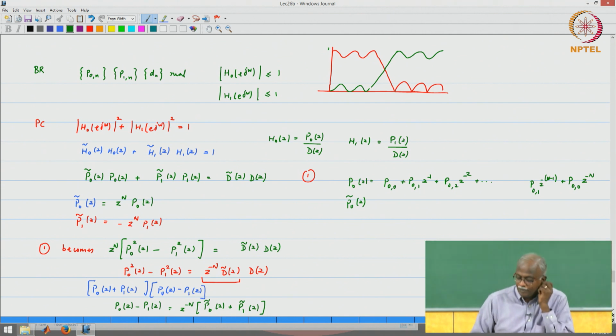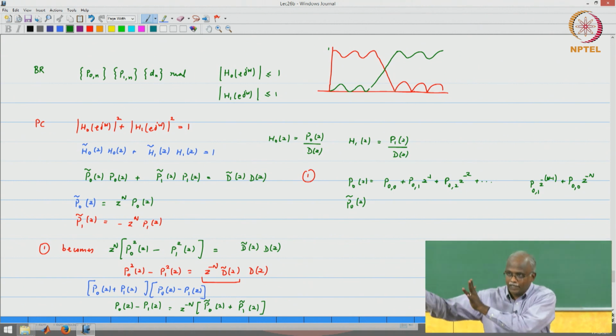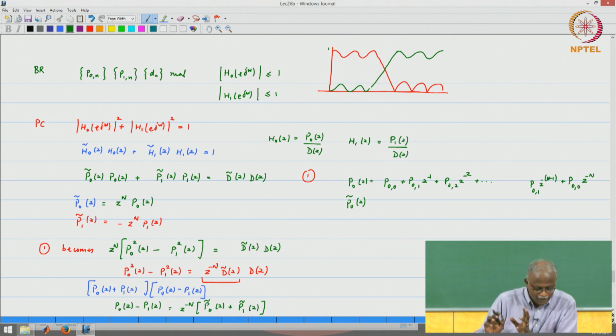So basically P0 plus P1 will capture some set of zeros. The reciprocal conjugate zeros will get captured by P0 tilde of z plus P1 tilde of z. Now, again this is a very important element. Another observation which is useful for us.